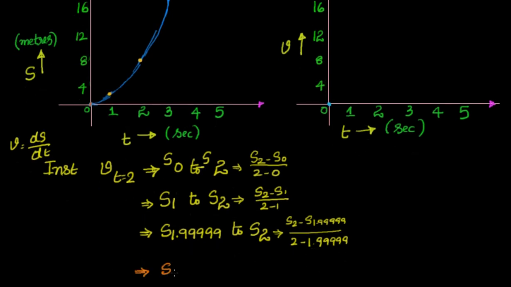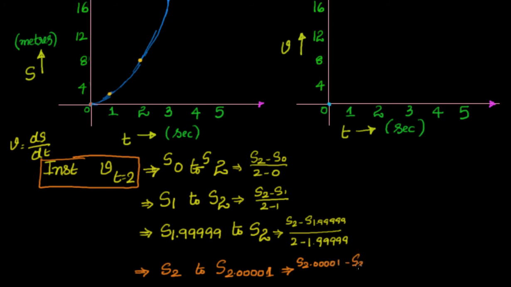You can take s equal to t equal to 2 to s equal to 2.00001, and from that the instantaneous velocity at time equal to 2 is nothing but s of 2.00001 minus s of 2, that's nothing but distance covered between that time divided by the time, that's nothing but 2.00001 minus 2.